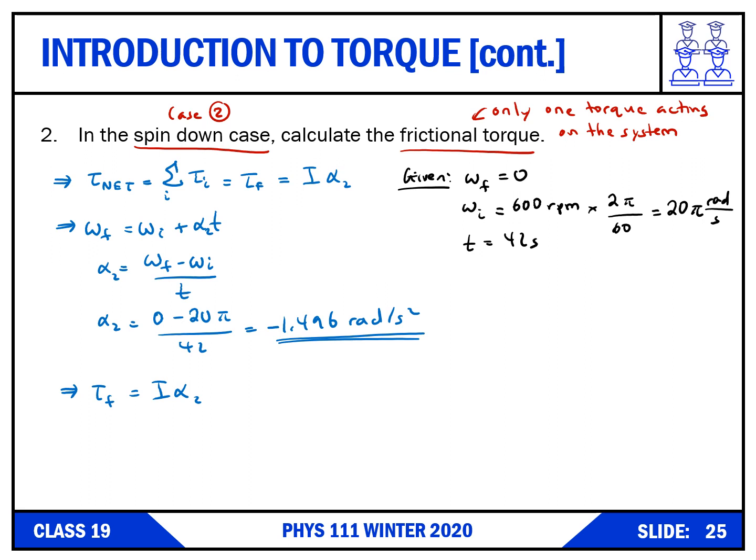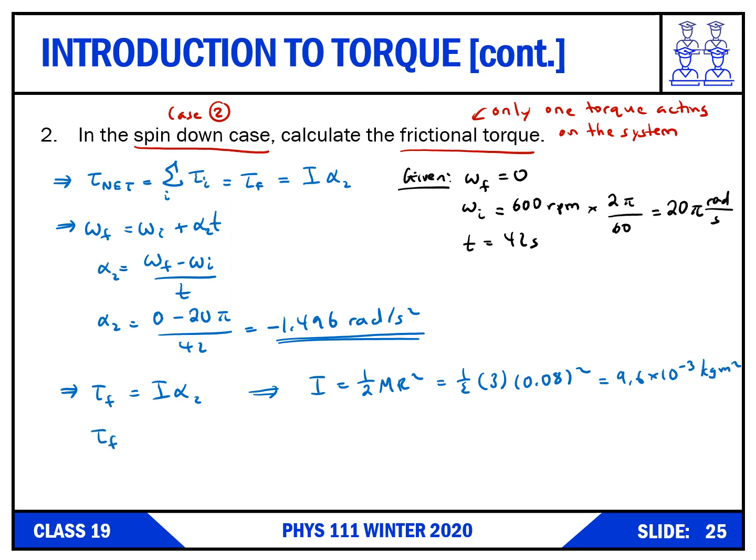So remember from our previous exercise, I was equal to 1/2 m r squared for a solid wheel, which is 1/2 times 3 times 0.08 squared, which is equal to 9.6 times 10 to the negative 3 kilogram meter squared.